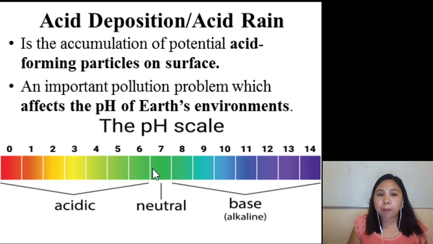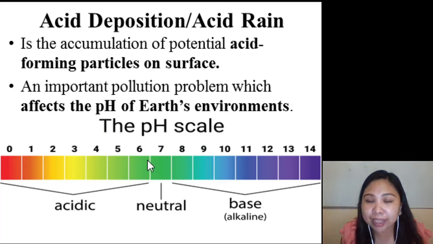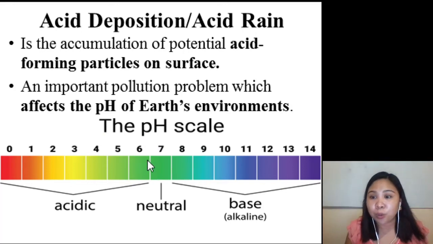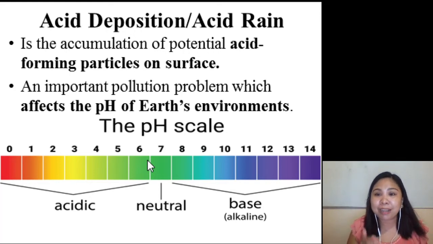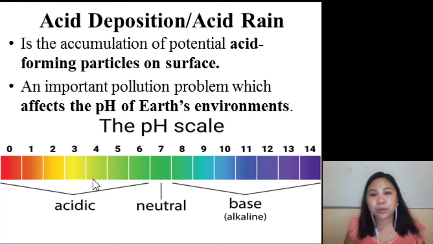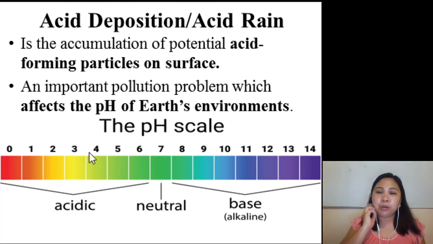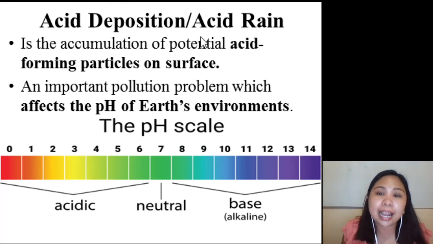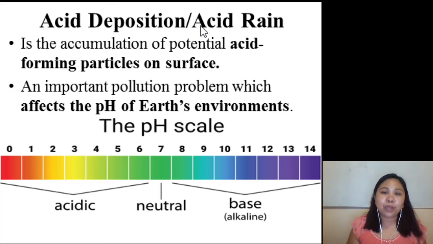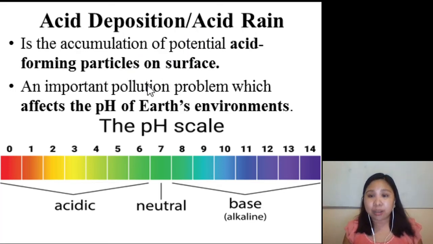Because the pH of our environment plays a significant role in sustaining life on Earth. Pag nag-exceed tayo doon sa level ng acidity, madami pong mamamatay na mga organisms. So, kapag naging rampant itong occurrence ng acid rain, it will definitely affect our ecosystem.